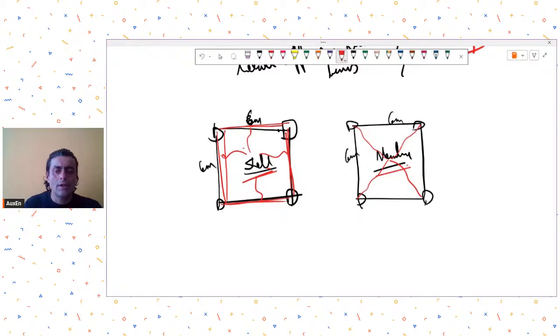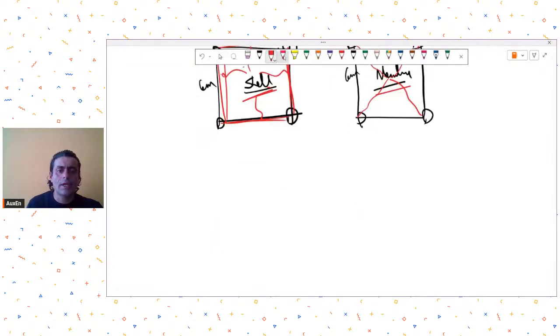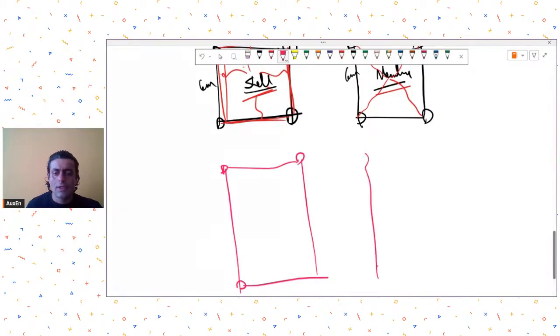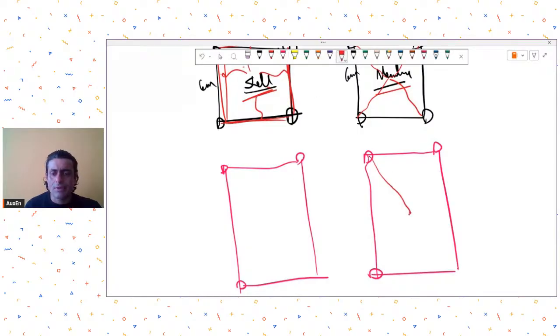Understood? But if I were to change the aspect ratio, and take larger values, then you will see considerable difference between shell and membrane results. Here, by the tributary area approach, larger loads will be transferred across the shorter span like this.